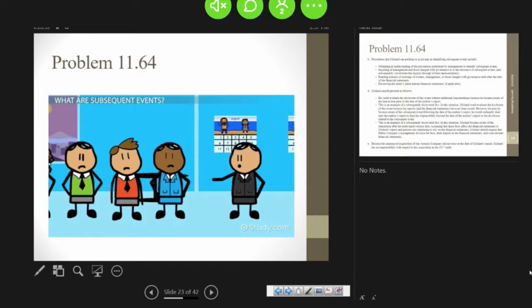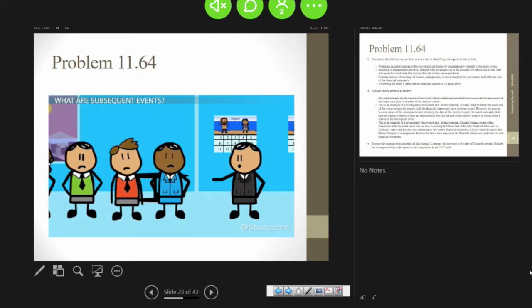This, from the client, would be a news announcement. And actually, if it's a public company, it's going to be reported in their quarterly statements anyway. Questions about differences between subsequent events and subsequently discovered facts? So the key is in identifying the subsequent event.